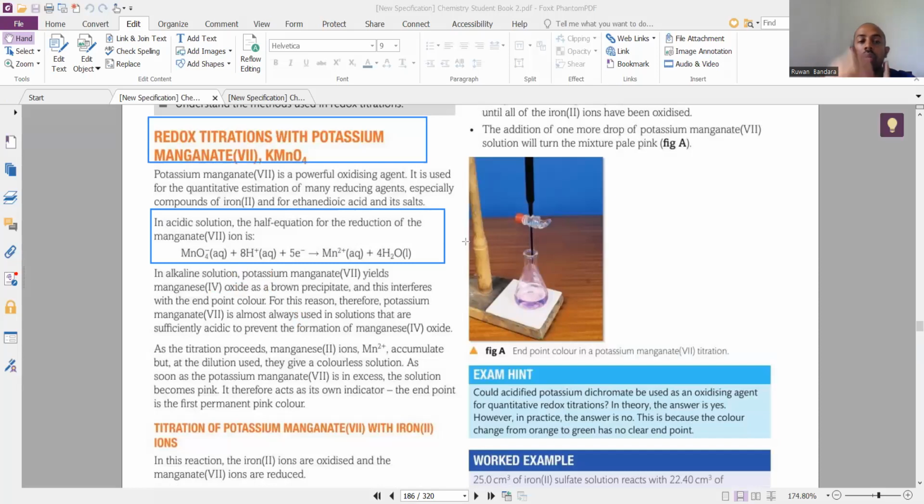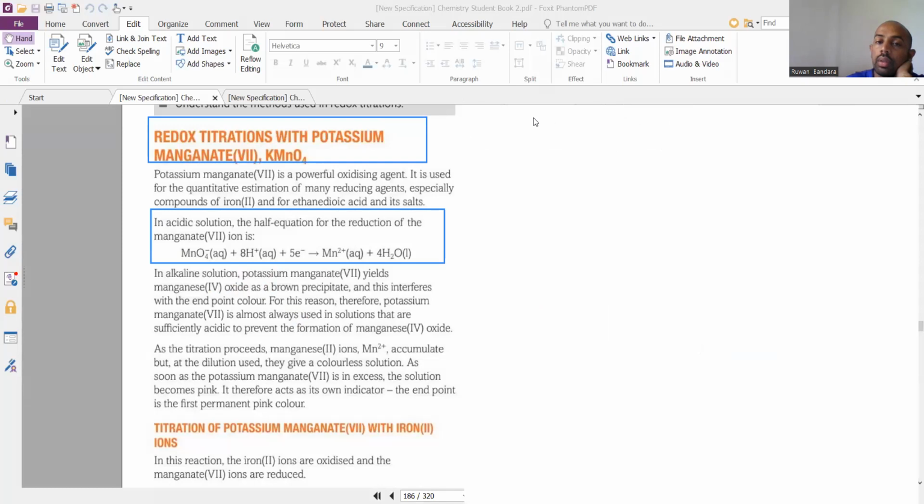Okay, write down. In alkaline solution, potassium manganate will reduce to manganese 4 oxide in alkaline solution.